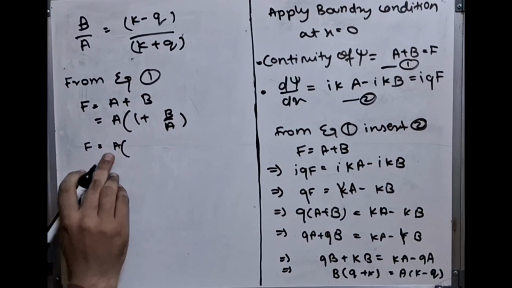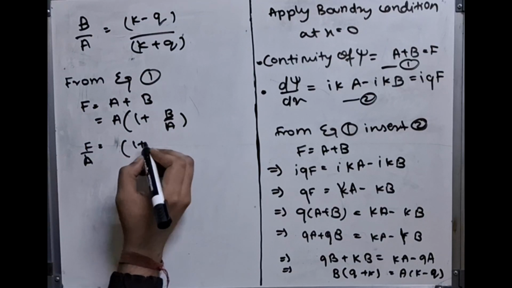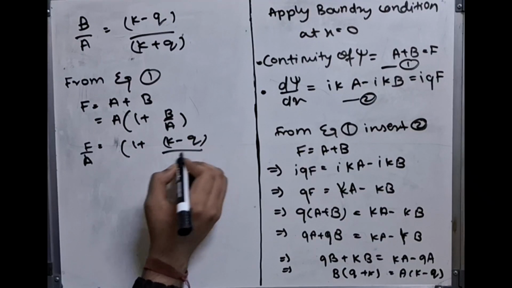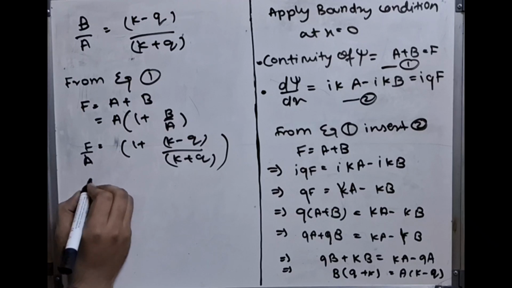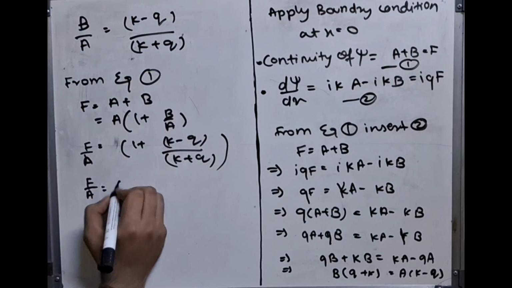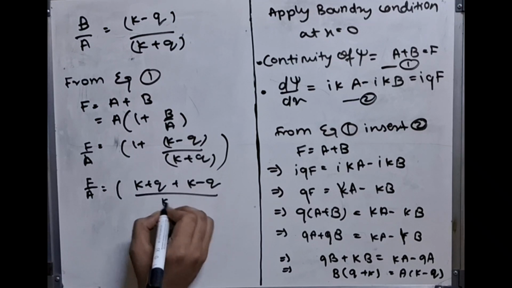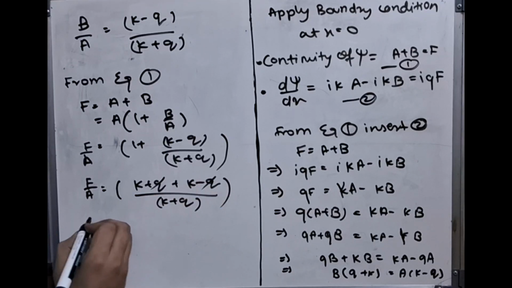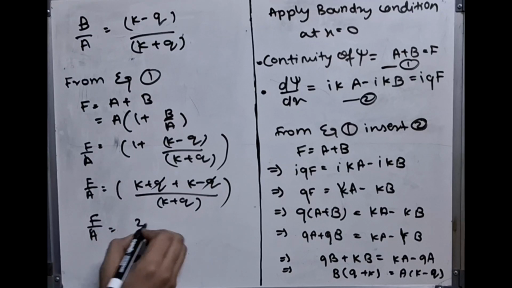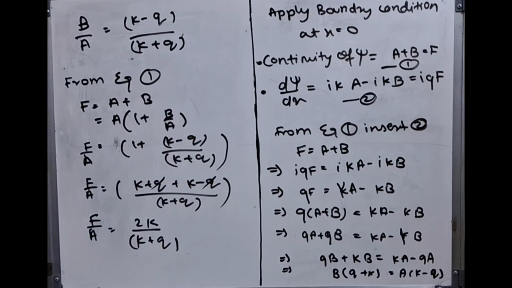We can take A in the denominator, that becomes easy, and 1 plus (K minus Q) upon (K plus Q), and we can just cross multiply this, and it becomes F upon A is equal to (K plus Q plus K minus Q) upon (K plus Q). Since Q has different signs, it will get cancelled, and F by A becomes 2K upon (K plus Q). This becomes our F upon A.